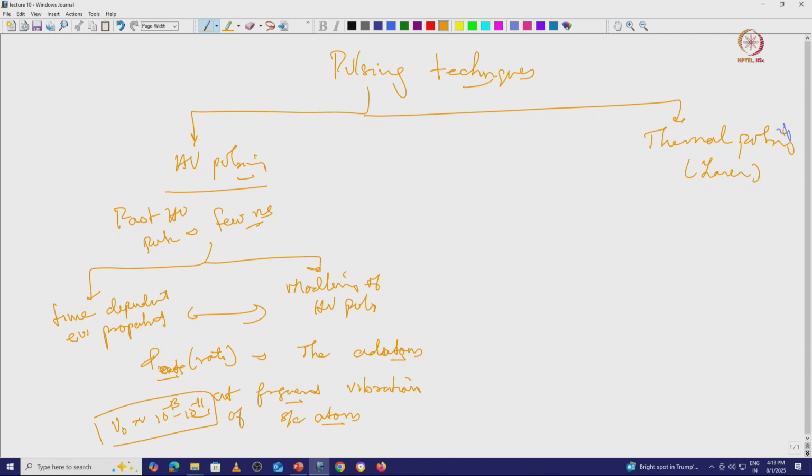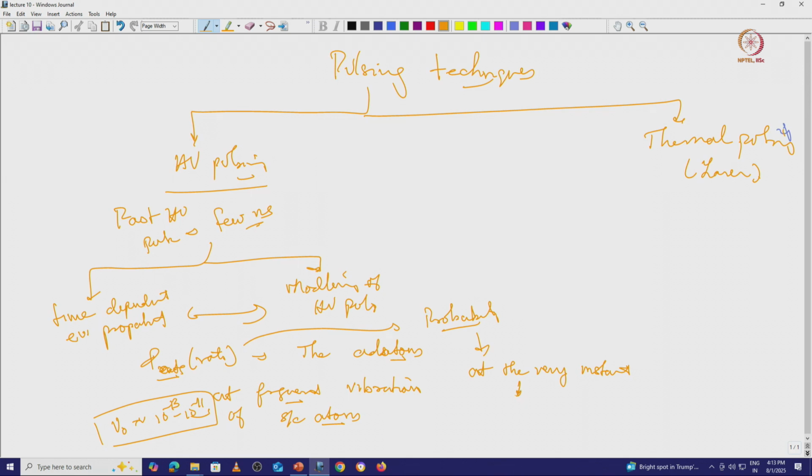As field evaporation is related to probability, not all the atoms will be evaporated at the same time or same instant.